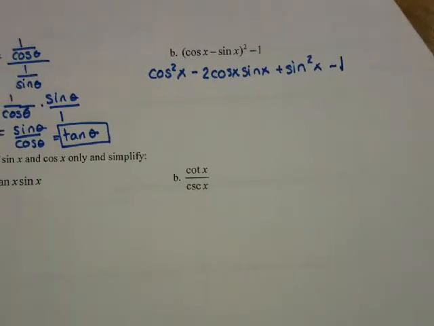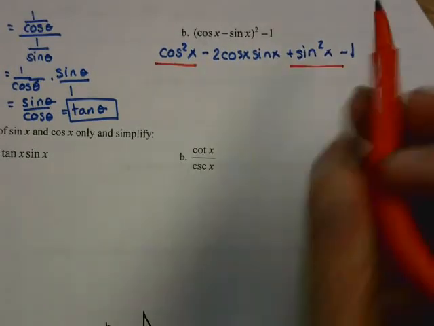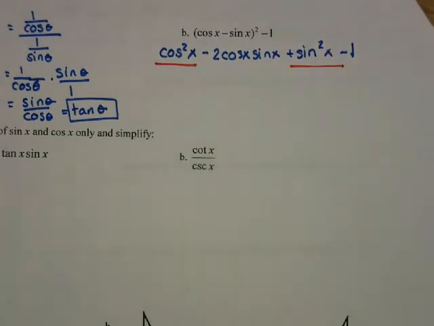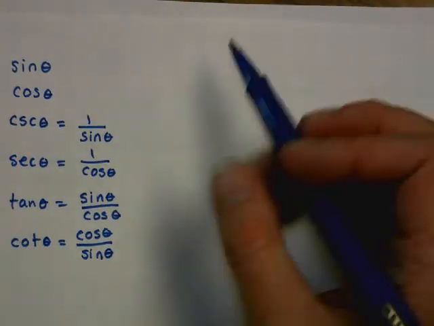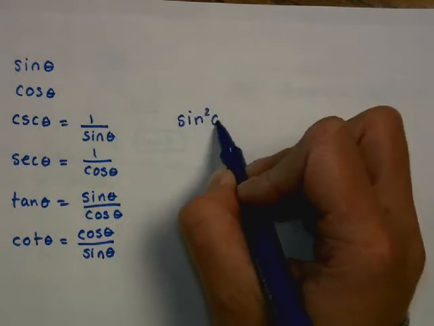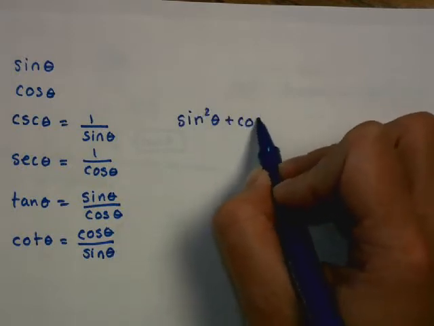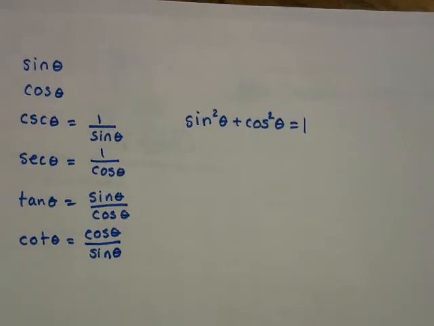Now there is an identity that you learned last year involving sine squared and cosine squared. We also have what's called the Pythagorean identity, which says sine squared theta plus cosine squared theta always equals 1.